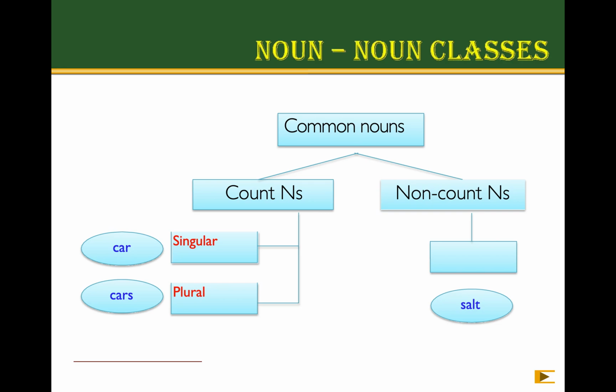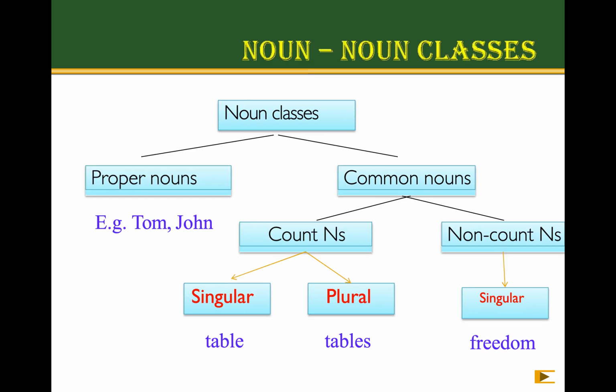For example, countable concrete nouns like chair, like computer, they are concrete and they are countable. But there are some uncountable concrete nouns like water, like sugar, and so on and so forth.